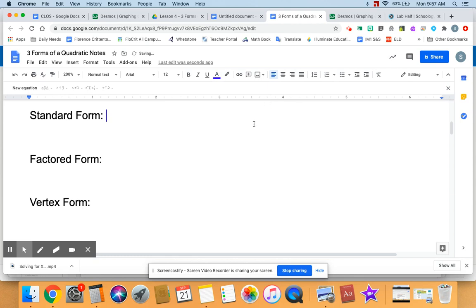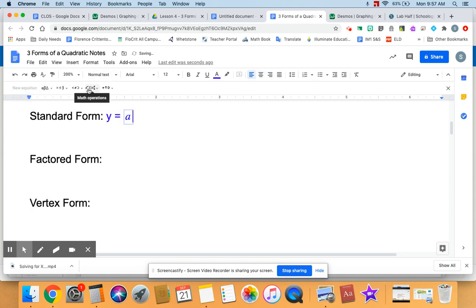So standard form usually looks like this. They usually start with y equals. They could also start with something called f of x. This just means y. It's just a big word to mean it's a function. So it's the same thing as y equals. And then this is the typical, most standard form of a quadratic.